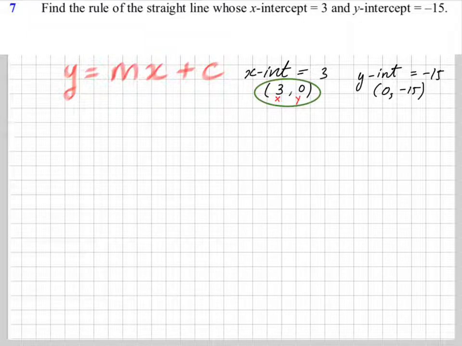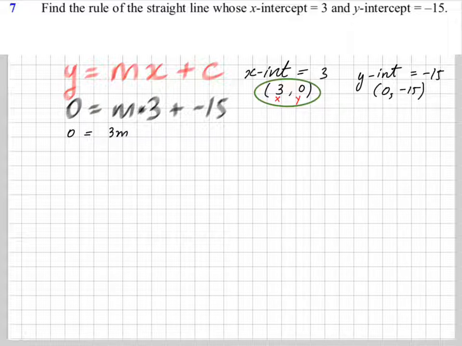Now, let's do that. So I'm going to substitute my y, which is 0, and my m, we don't know it, so we'll just leave it as is. We know our x is 3, and our c is negative 15. So now I'm going to simplify this. So we've got 0 is equal to 3m minus 15.